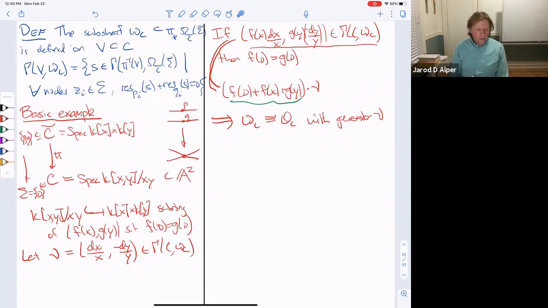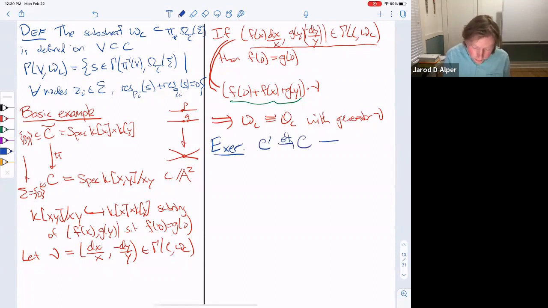All right. And so why is that so important? It's because we know étale locally, all nodes look like this. So this is the important calculation. And then you can use, but you need to know that if you have an étale cover of a curve, then the dualizing sheaf pulls back.